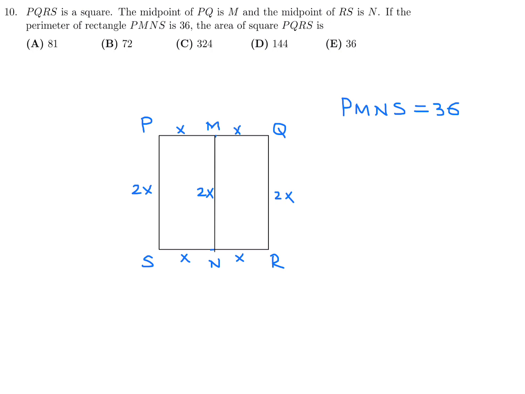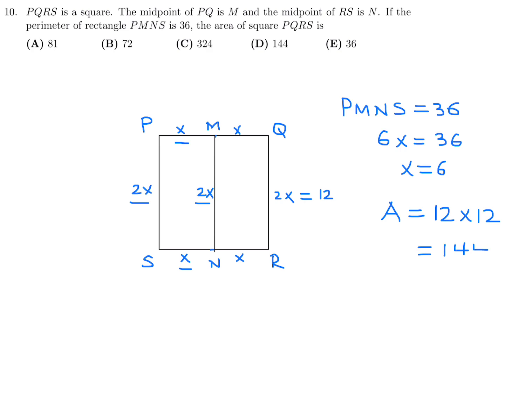And in terms of the labeling here, that's going to be 1, 2, 3, 4, 5, 6. 6x is 36. So x is 6. So if x is 6, that means 2x is 12. So the side of the square is 12. The area of that big square is going to be the side of the square times the side of the square, and that's 144. So number 10, the answer is D.